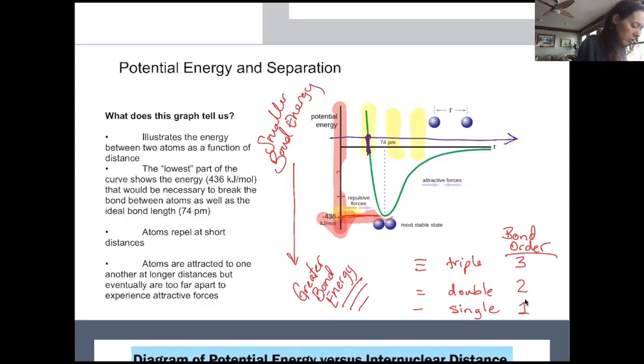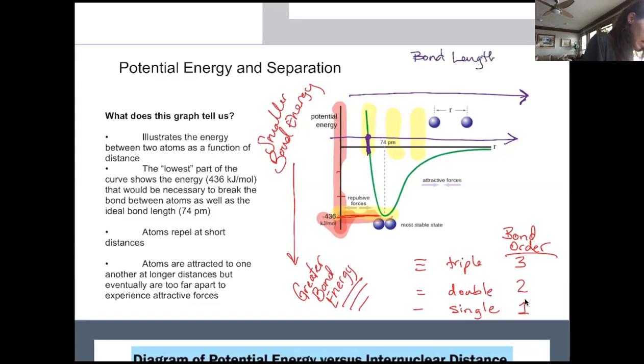So before we were talking about how far down. Now we are talking about how far over it crosses the x-axis, and that is going to give us a bond length.